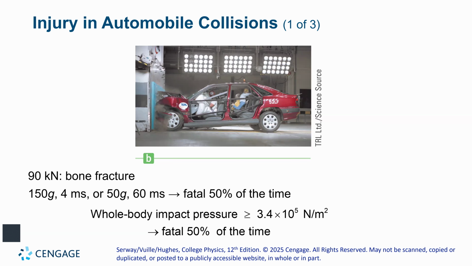Within such a collision, we can calculate whole body impact pressure. If it's greater than 3 to 4 times 10 to the 5, it's also going to lead to a lethal 50% outcome. So that is equivalent to a force of 90 kilonewtons.